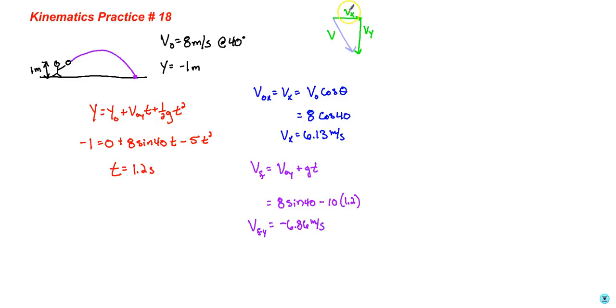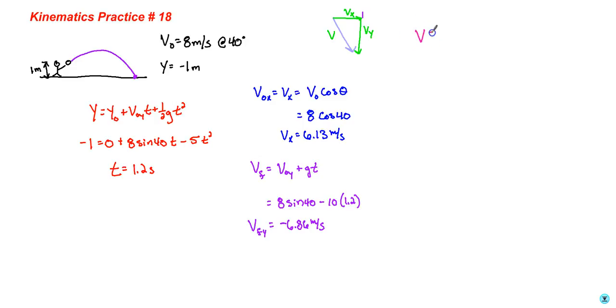Okay, so now we have v sub x and we have v sub y, and they're the perpendicular sides of a right triangle with a hypotenuse equal to v, which is what we're looking for. So if we put these two pieces into the Pythagorean theorem, that'll allow us to find v itself.